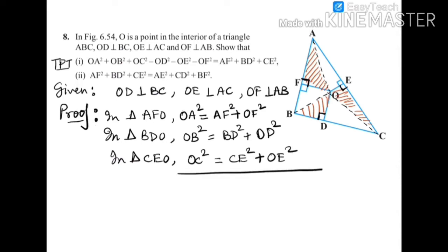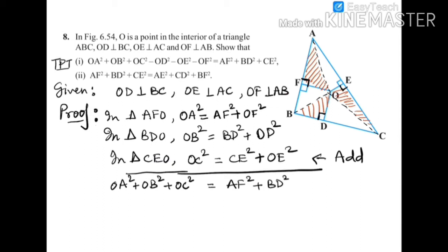Now let's add all these. So we get OA square plus OB square plus OC square equal to AF square plus BD square plus CE square plus OF square plus OD square plus OE square. Now let's take these terms to the left hand side.